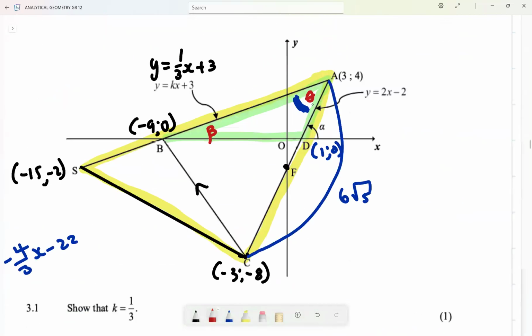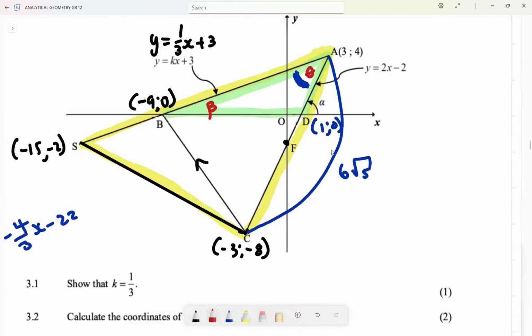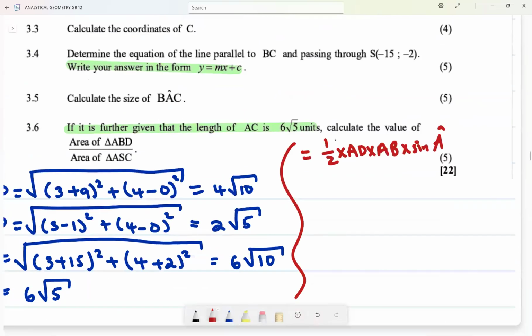The sine of the angle theta, you still remember we found theta to be 45 degrees. Or even if you did not find it, just say sine angle A, because it is just angle A. And then divide by half.